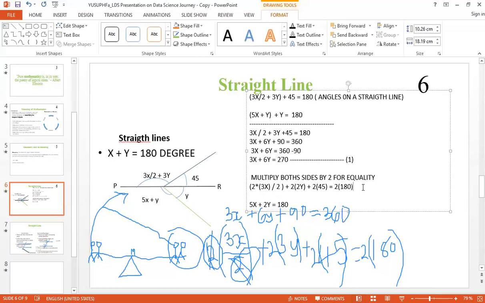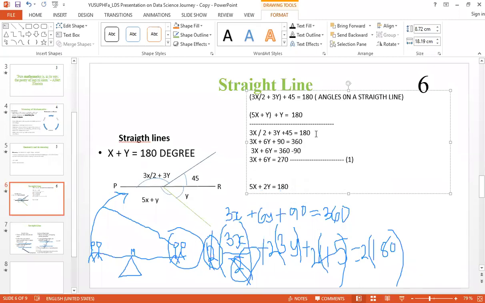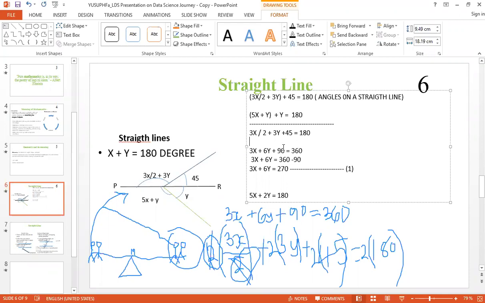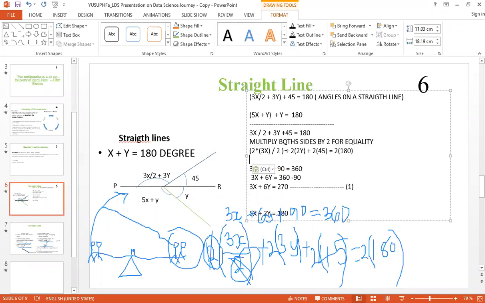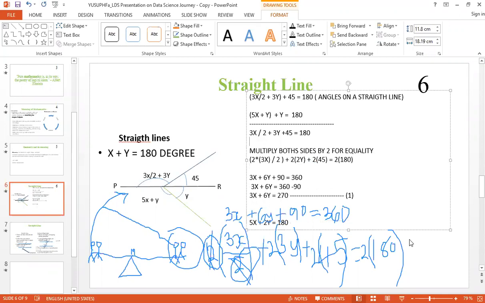I'm just trying to simplify it, for simplicity is the essence of all I'm doing. So let me see where I'm supposed to cut it. Okay, it's going to be here. So now that's our equation 1.